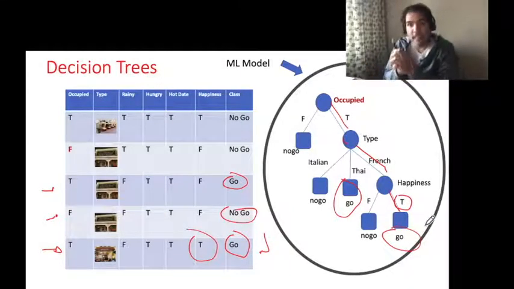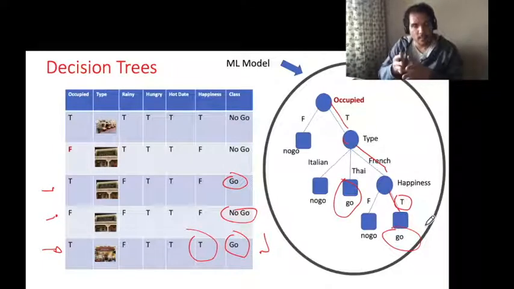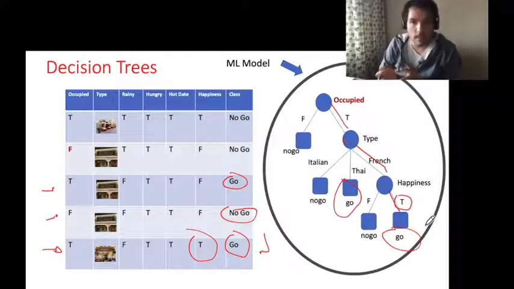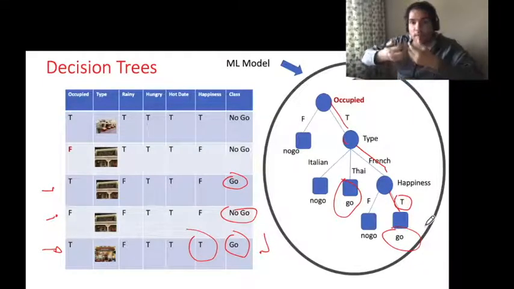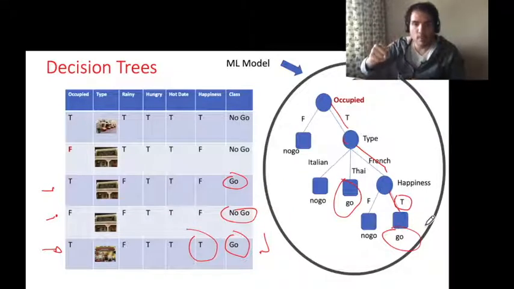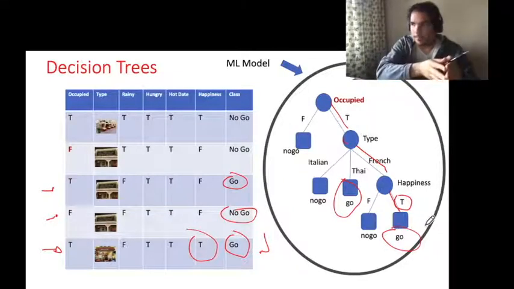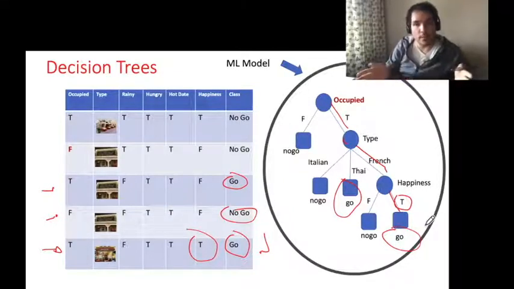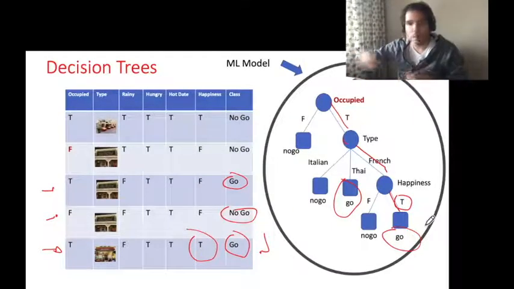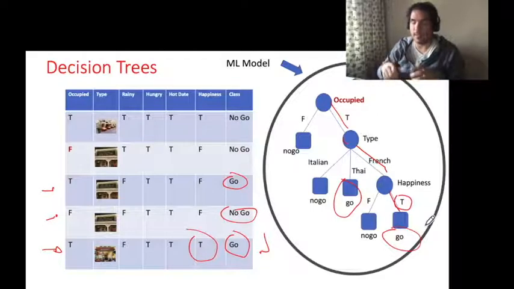Okay, so this is the general idea of a decision tree. We are going to be seeing how to build the model, and then we just have to follow the tree structure. Each particular node is going to be a feature, and depending on the values that we have, we follow the path in the tree.